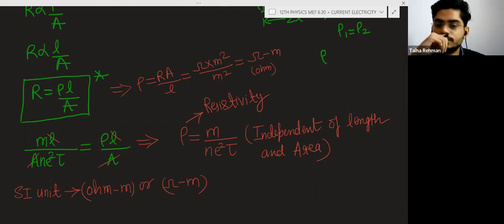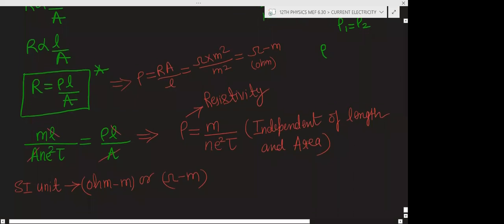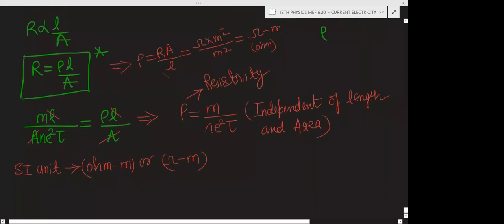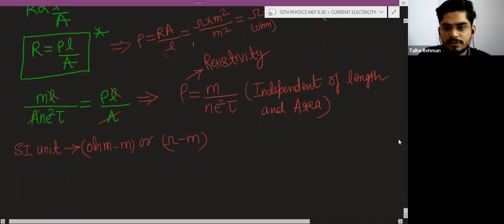Note it, all of you. You should also remember this formula, and you can derive the resistivity from here. Put the value of resistance, ml upon A n e square tau, and you will get the answer.